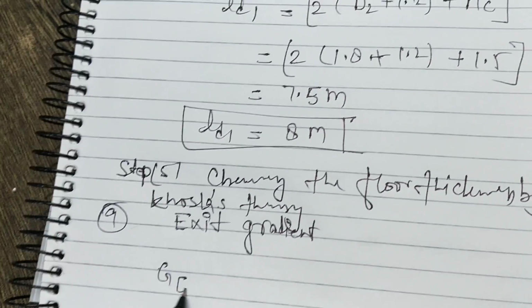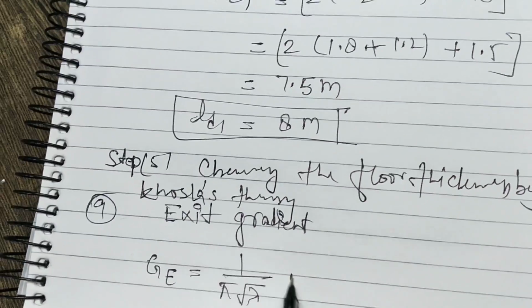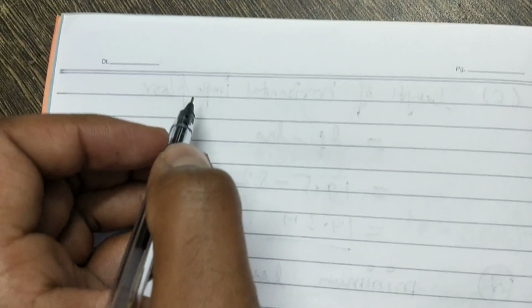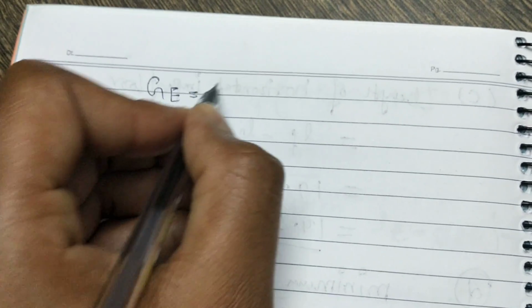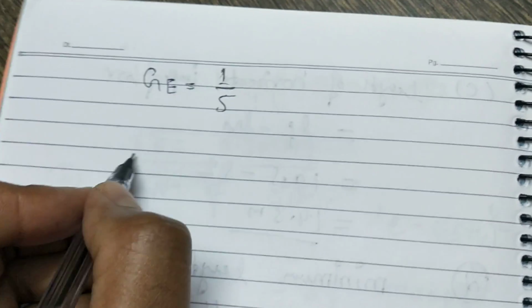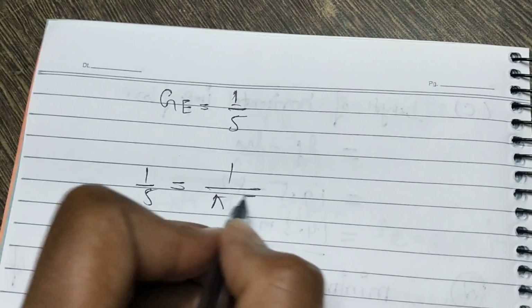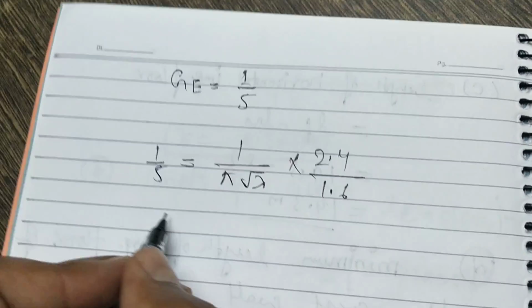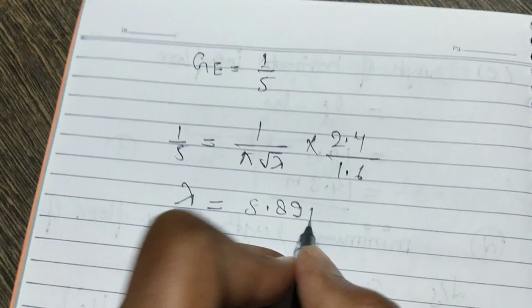So exit gradient GE equals 1 divided by pi under root lambda into seepage head upon downstream cutoff. In the question, G is given as 1 divided by 5. So 1 divided by 5 equals 1 upon pi under root lambda into 2.4 divided by 1.6, which gives the value of lambda as 5.891.